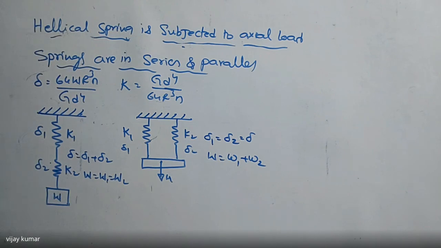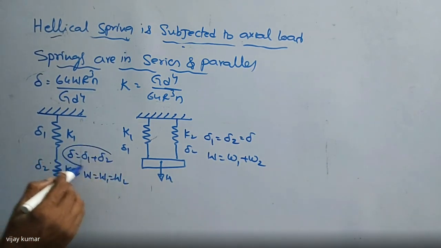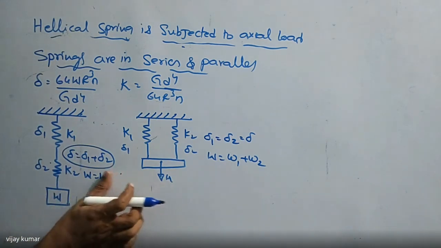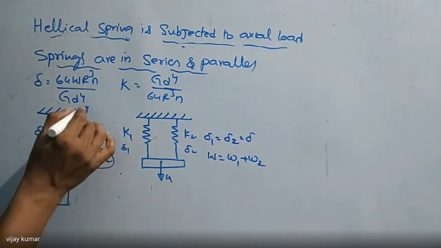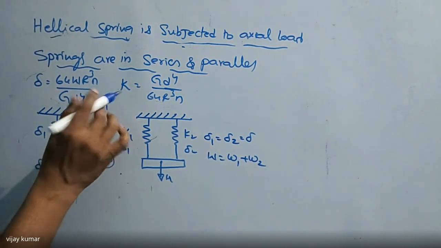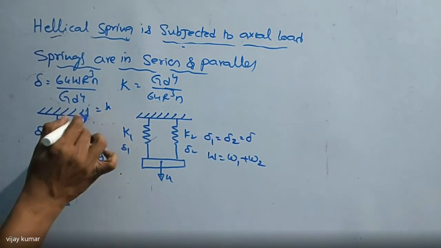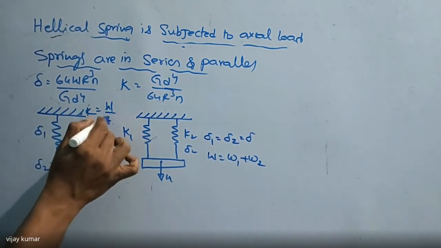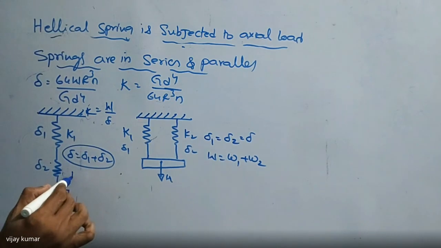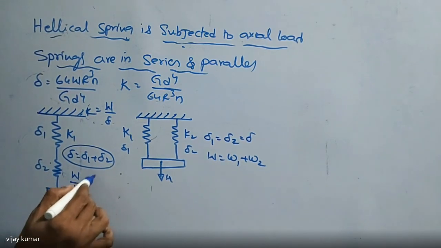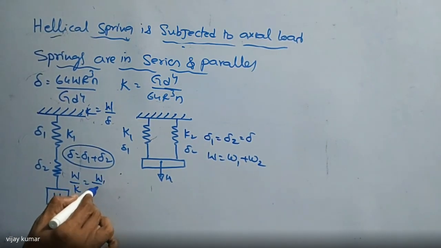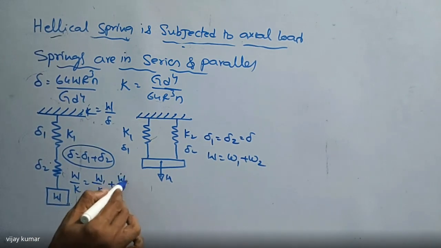So the spring constant here, in the case of springs connected in series, I can write like this. Delta is equal to W by K, that is W by delta, but delta is equal to W by K is equal to W1 by K1 plus W2 by K2.